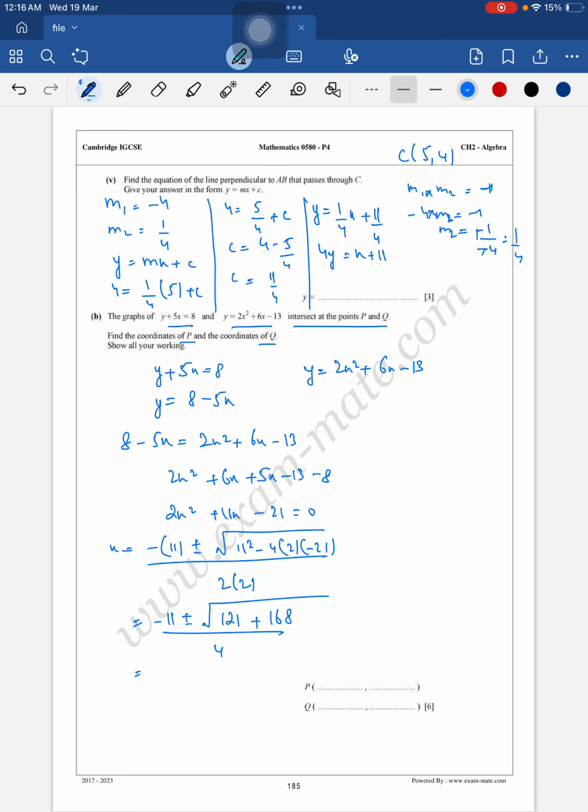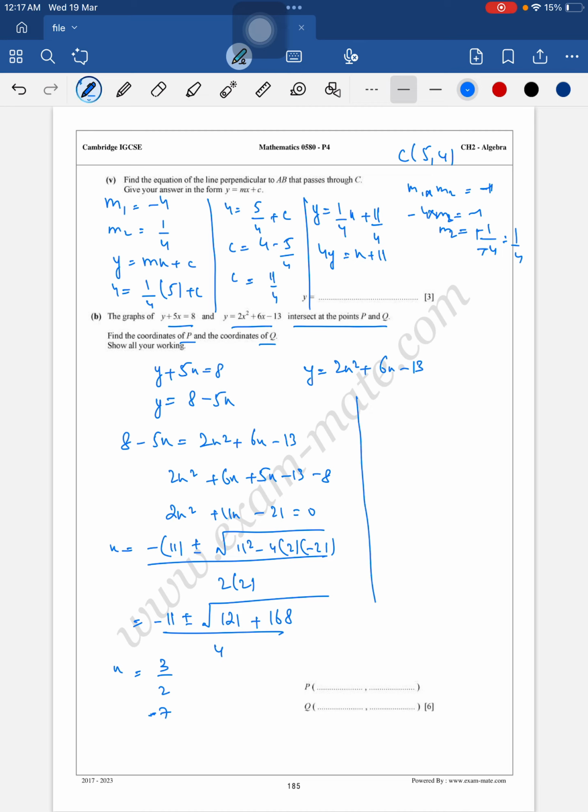So now for the first value, that is minus 11 plus root 121 plus 168 divided by 4, we are getting 3 upon 2. And the other value, minus 11 minus root 121 plus 168 divided by 4, we are getting minus 7. So the values of x are 3 upon 2 and minus 7.